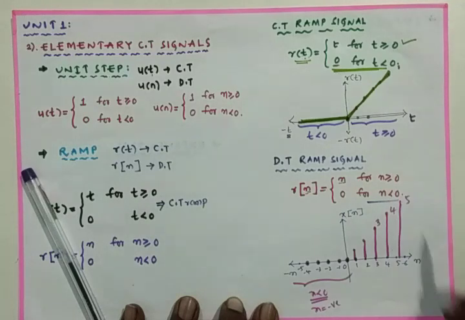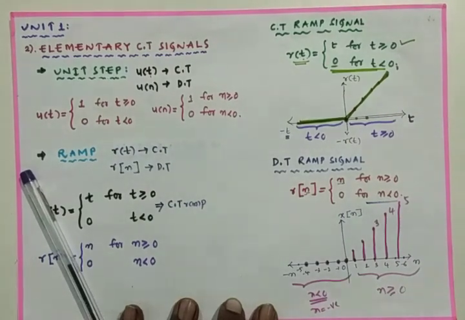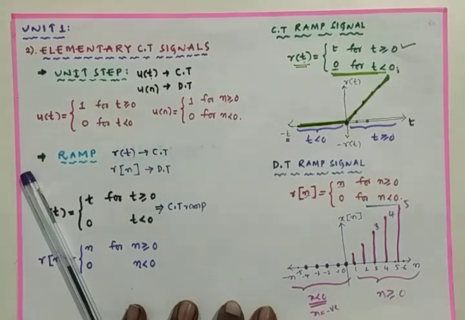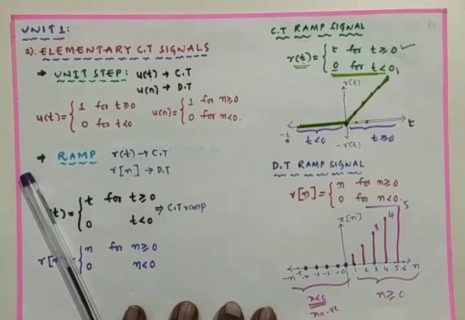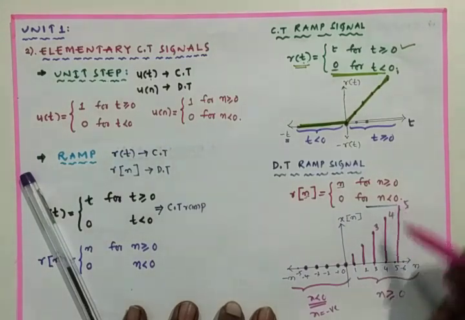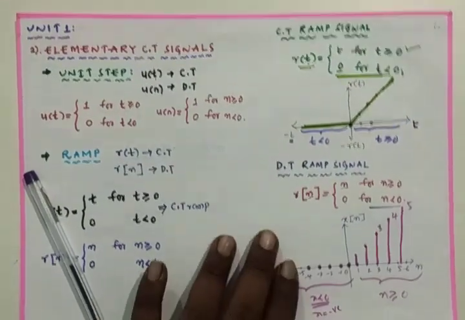Like that, for all the positive values of n, n greater than or equal to 0, the amplitude is a linearly increasing signal, and this type of signal is named as a ramp signal.